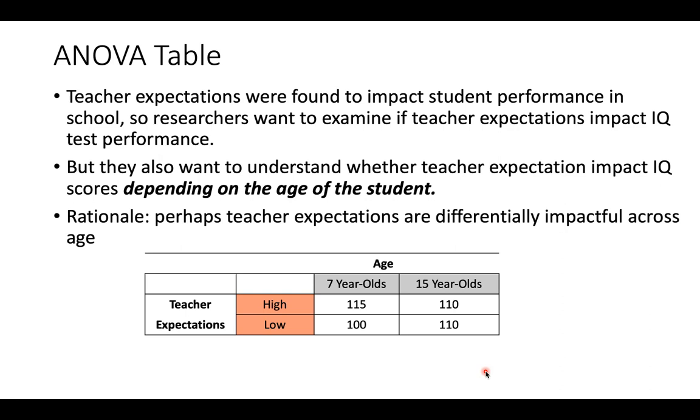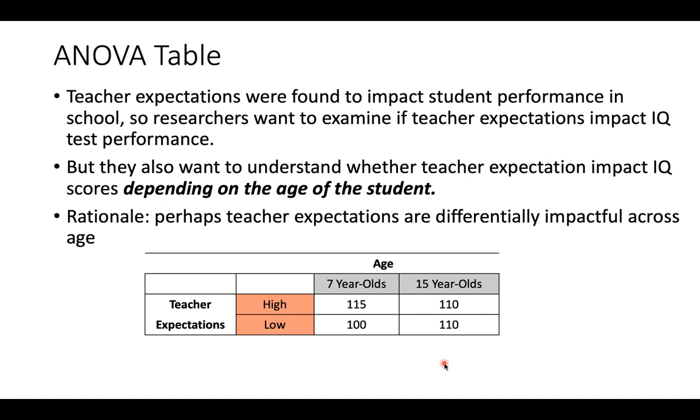So what I want you to do right now is pause this video. I want you to calculate your marginal means for our main effects. I want you to calculate your difference scores, then compare the differences between your difference scores.